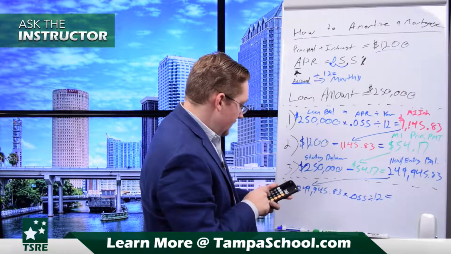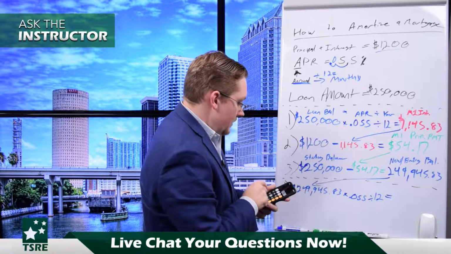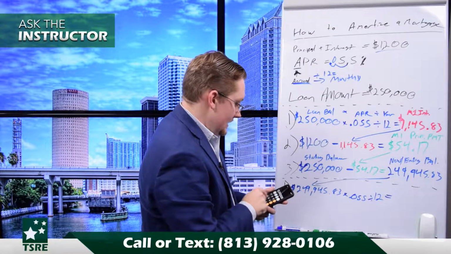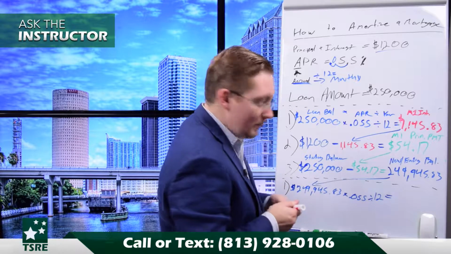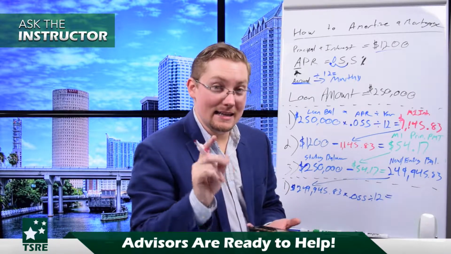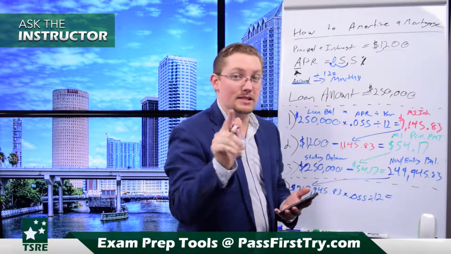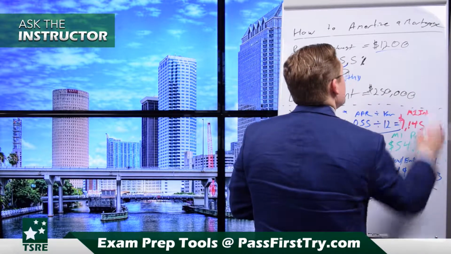So if we take this $249,945.83, multiply that by 5.5% interest, and divide that by 12, we end up with almost the same thing, but that decrease is still there. It's a very slight decrease, but it is still there. Even if it only goes down by this little of an amount, it should still be going down.